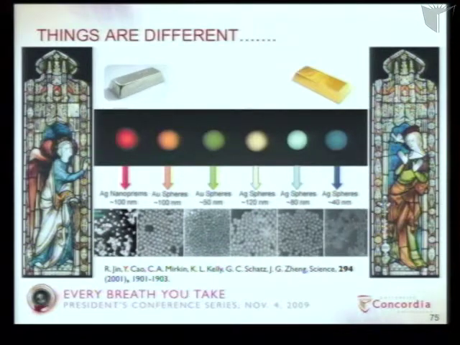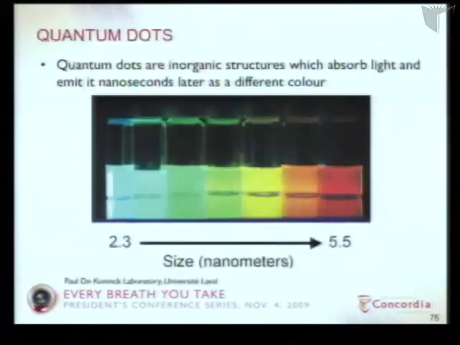The colors were used by artisans in the 16th century to do the color of the stained glass windows. They were using nanoparticles unknowingly by putting both silver and gold into the glass, so they would get this range of colors.